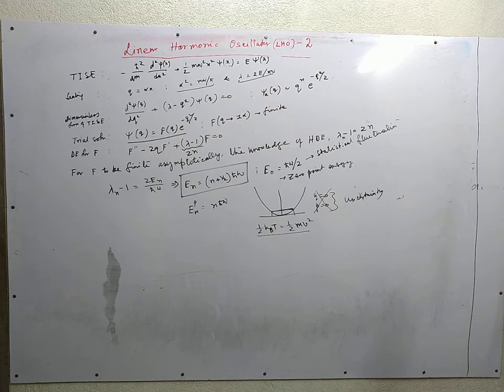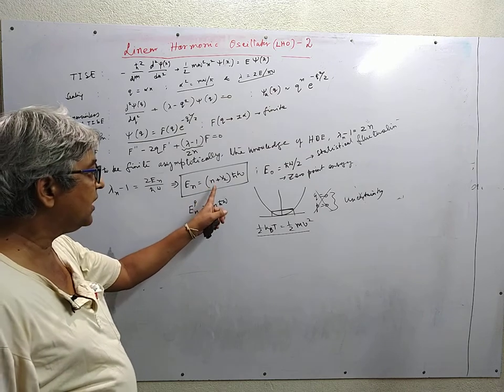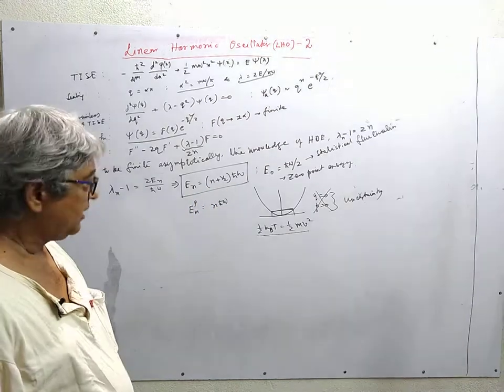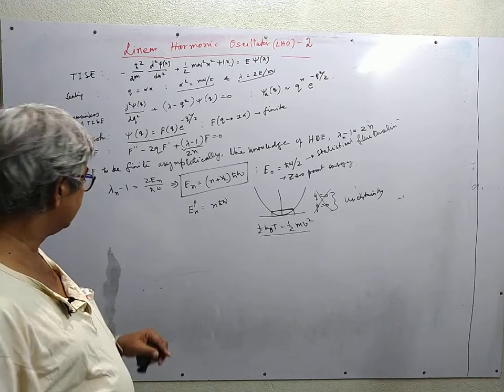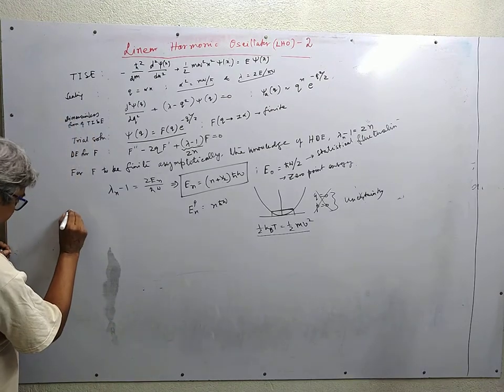Now if we go to the energy levels, we see that the energy levels are equispaced. That is, the energy levels are like this.